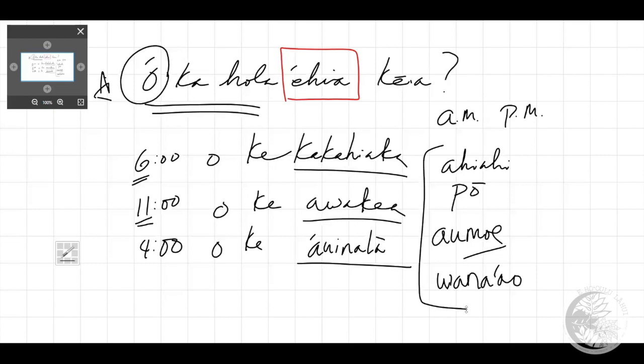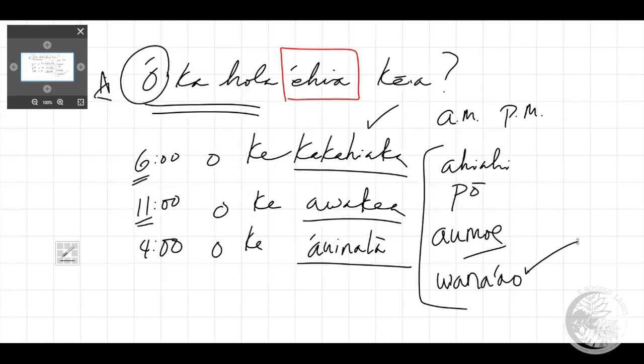For example, if I'm going to say 5 o'clock in the morning, yeah, o ka hola ʻelima o, well, I could say o ke kakahiaka if it's summertime perhaps and it's bright. I might say o ka vanao if it's more in a twilight, very, very early morning.